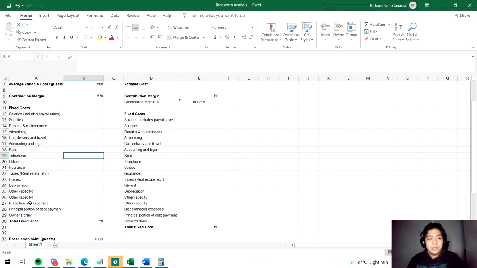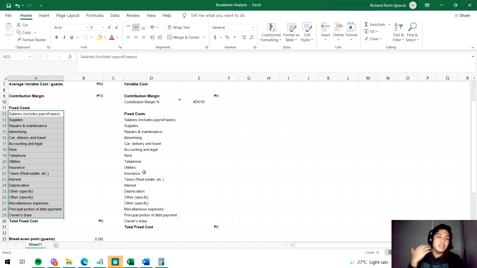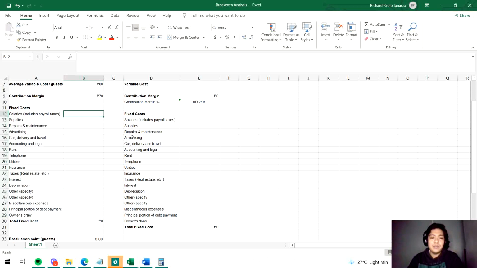Next, we have to identify now our fixed cost. Let's say, for example, after identifying all of the fixed costs, again, this is all up to you as the business owners kung ano ang mga fixed cost ninyo sa inyong business. Let's say, for example, we will accumulate 10,000. So, 1,000 for here, 1,000 then, 1,000.